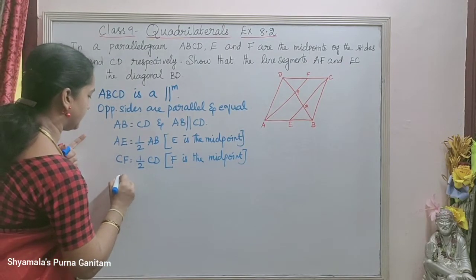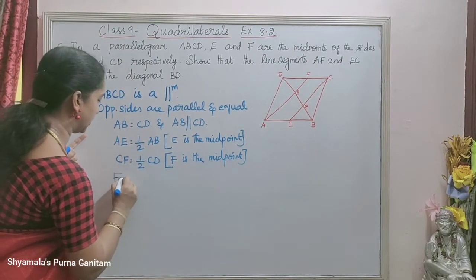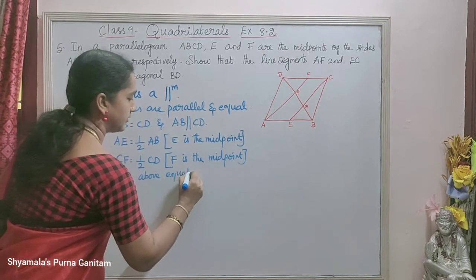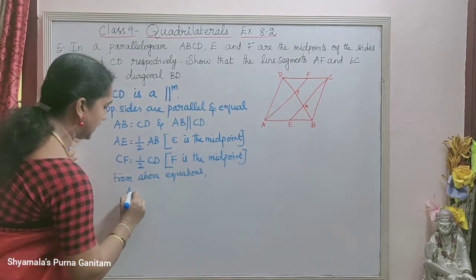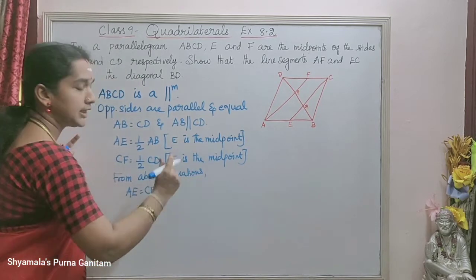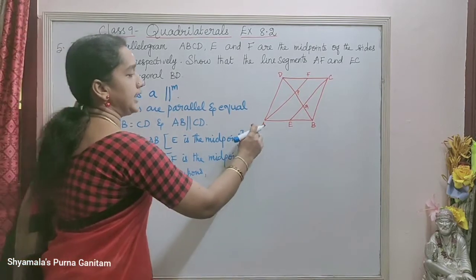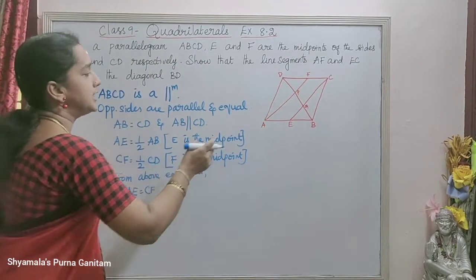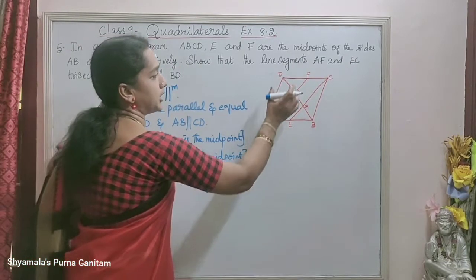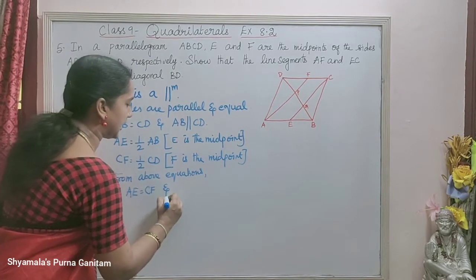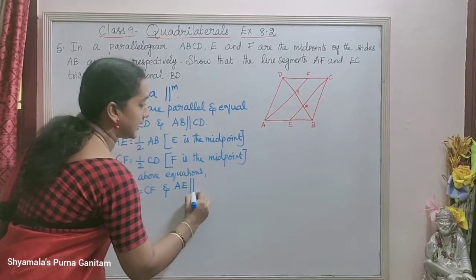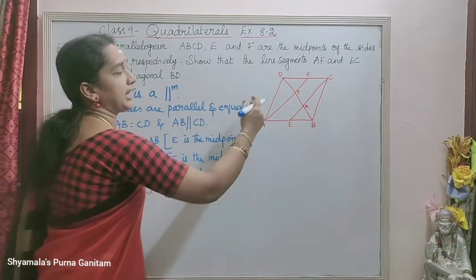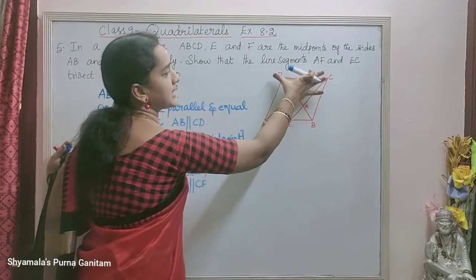So therefore, from the above equations, we can write that AE is equal to CF. Already AB and CD are parallel, since ABCD is a parallelogram. In the same way we can say that AE is parallel to CF, because AB is parallel to CD.